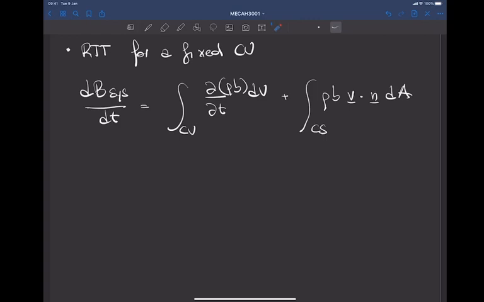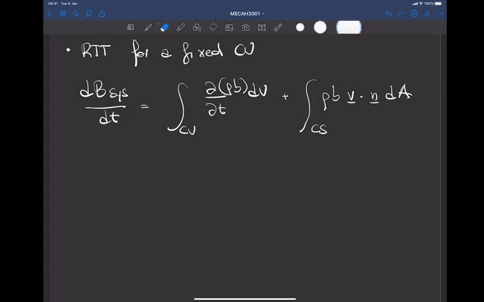We have this property of the system, and we know that the system is of course changing in time, but it's always containing a fixed quantity of matter of fixed identity, so always the same amount of fluid. So what we can actually do on this left hand side is expand the term dB system over dt to show that this is a property that is evaluated on a moving volume.